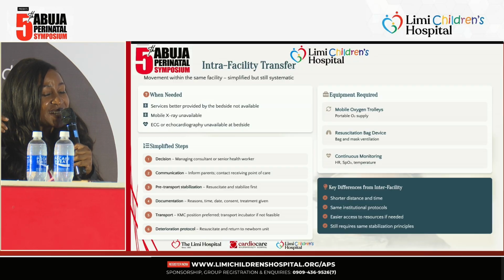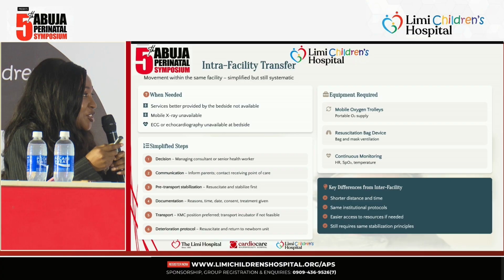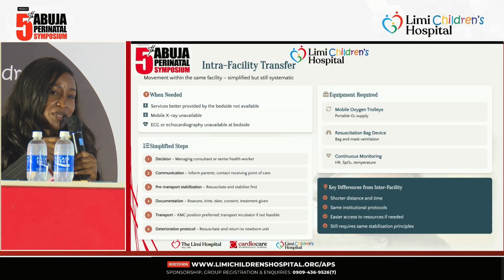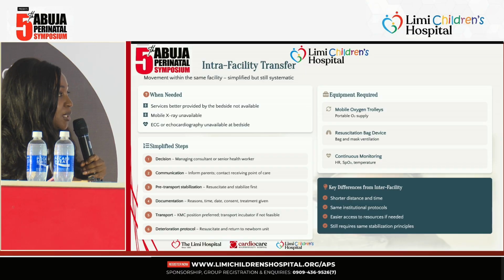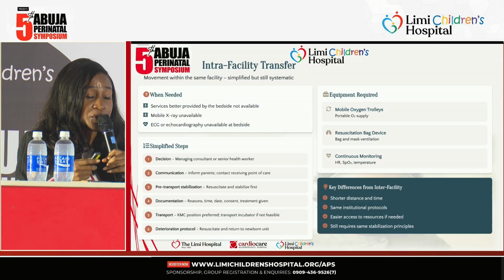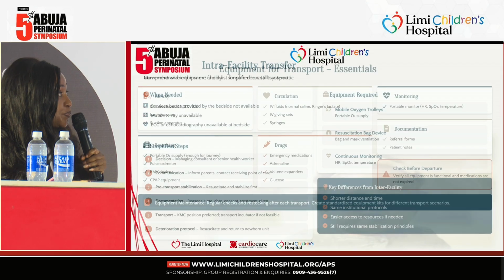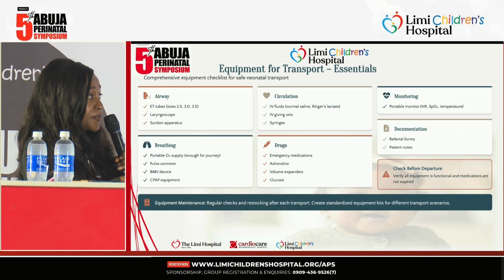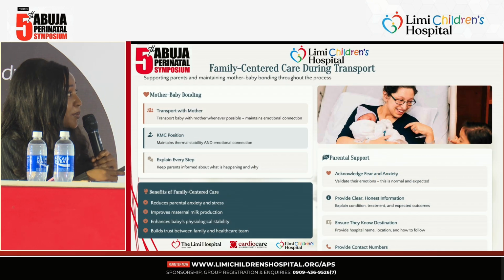But ideally, those radiology machines should come to the baby, not the baby going to them, where things work. And then ensure the resuscitation bag device is with you, and you're monitoring continuously. Then this is the equipment for transport, which is very vital. I will not talk about it.